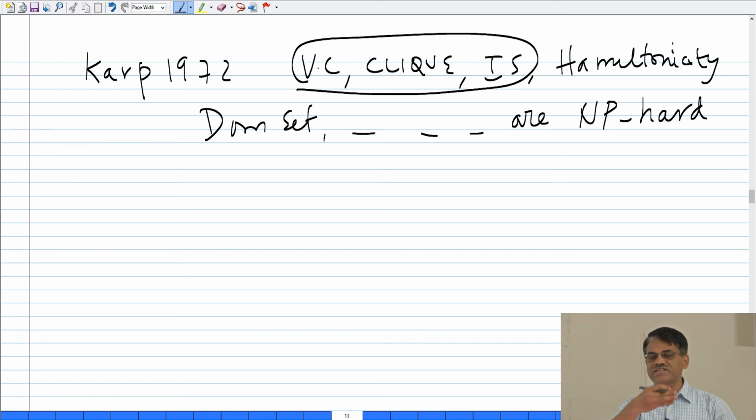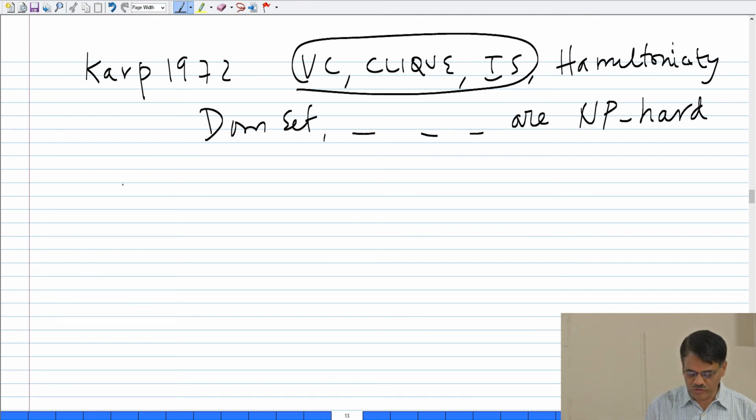Because these reductions are transitive, because of these polynomial time computations, this requires some proof that the input size blow up is again polynomial, and so it is enough to show SAT reduces to your problem. If you have shown vertex cover is NP hard, I can use vertex cover as a candidate problem to reduce to another problem.